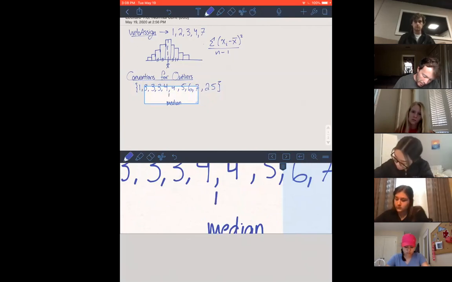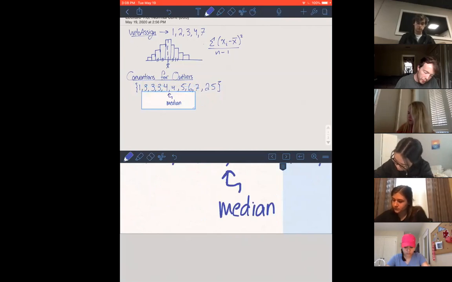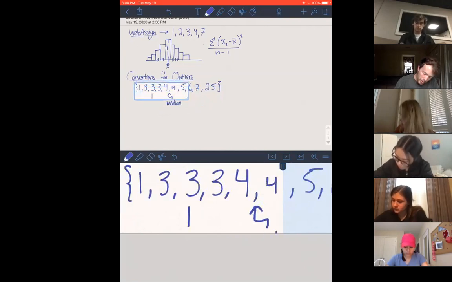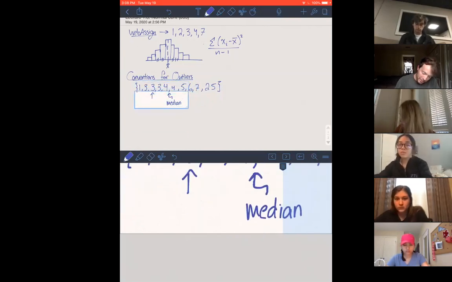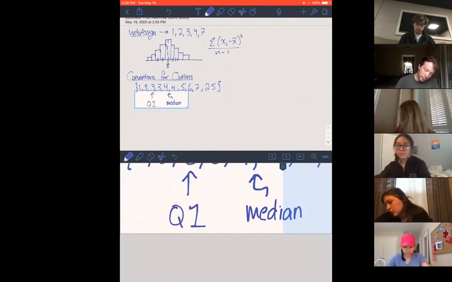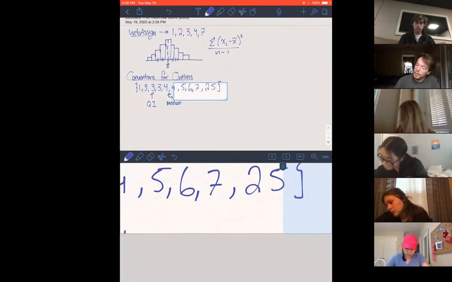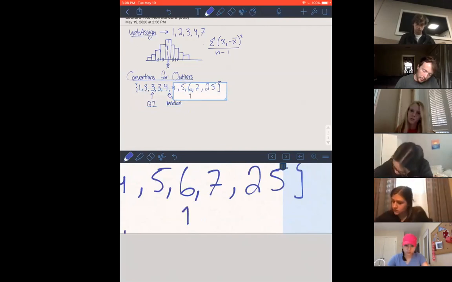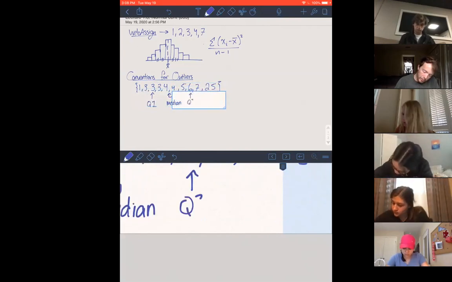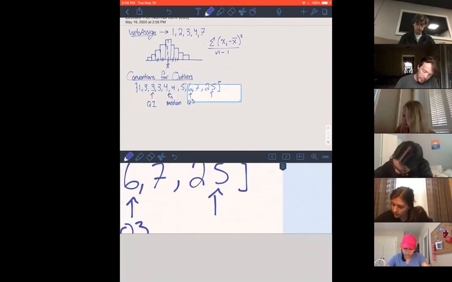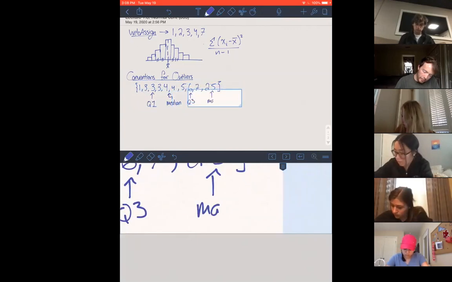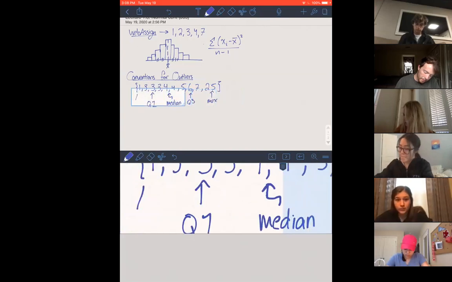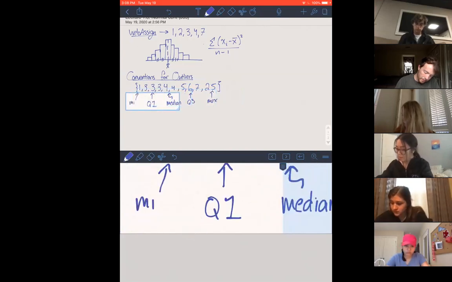The median is right in between these two fours, so the median is 4. Using our inclusive reasoning, this 3 is going to be the first quartile, and this 6 is going to be the third quartile. And of course this is the max, and this is the min. Okay?